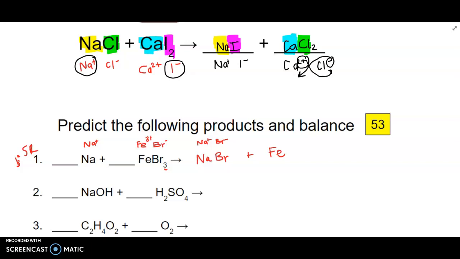Now it wants me to balance, and so to balance I see that I have sodium, 1 on the left side, 1 on the right side. Bromine, 3 on the left side and 1 on the right, so I'm going to put a 3 here to balance it. My irons match, but now my sodiums are uneven. I can put a 3 here to balance my sodiums. So that's the first one.